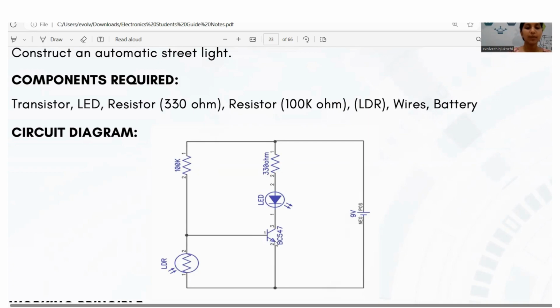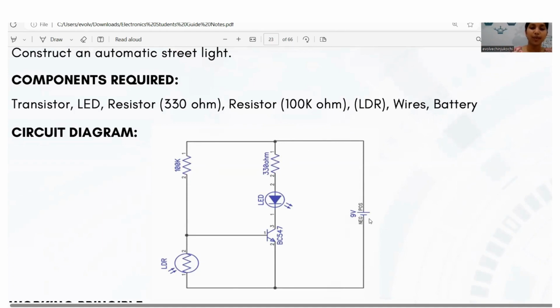If there is a pointing mark on a leg, that is the emitter of a transistor. So the LDR is connected between the base and the emitter, and the LED is connected at the collector side of our transistor, followed by a resistor.